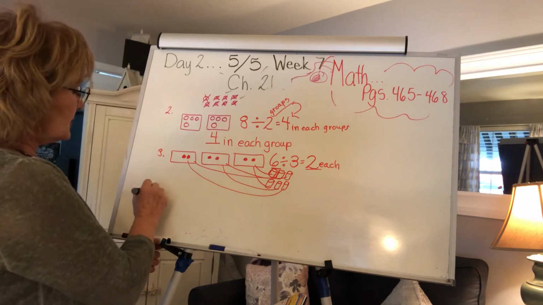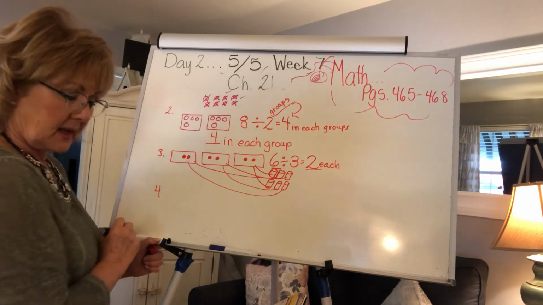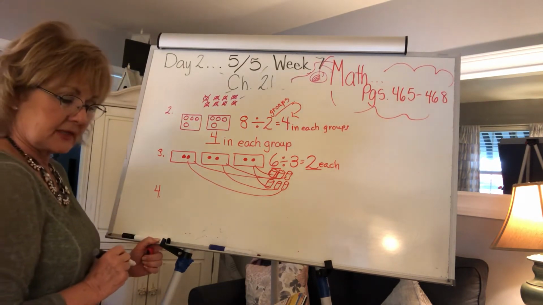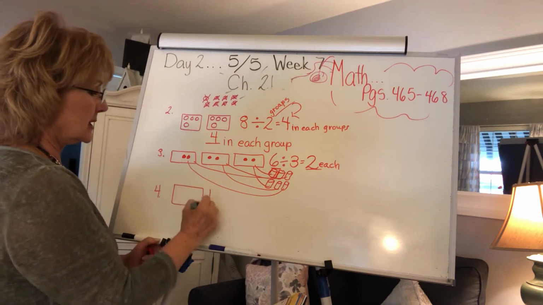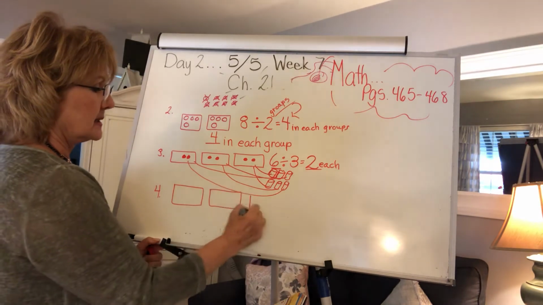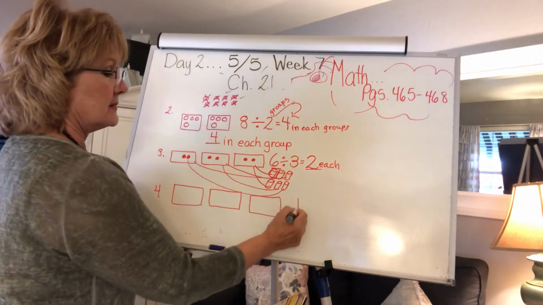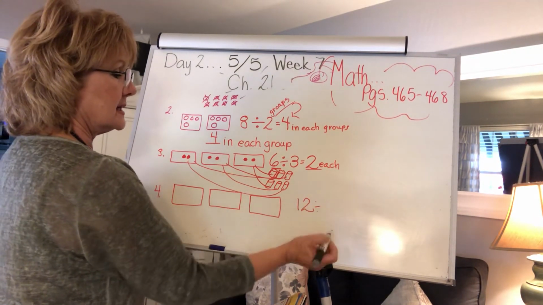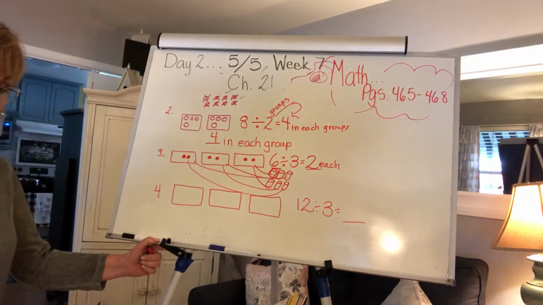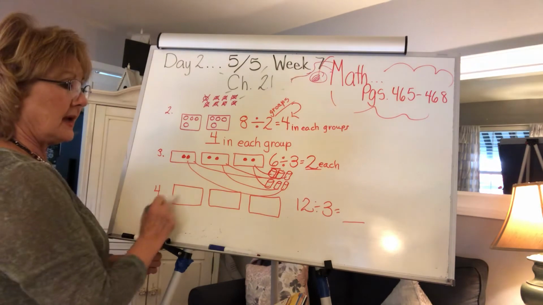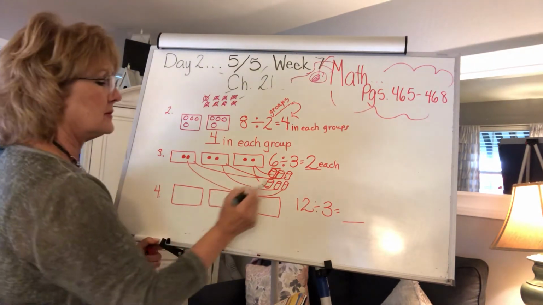Okay, let's look at number 4. Now we have 12 tater tots into 3 equal groups. So you still make your 3 equal groups. But what do we have now? We have 12 tater tots divided up amongst 3 people. How many tater tots will each person get? We have to start dividing up the 12 until we run out.